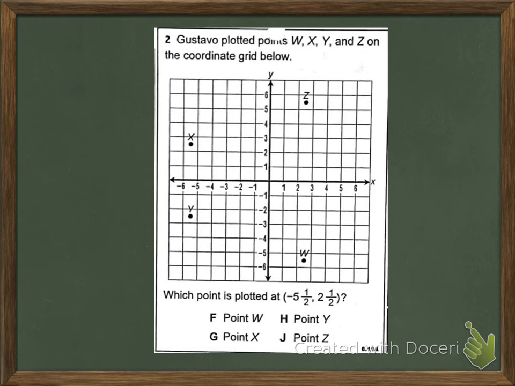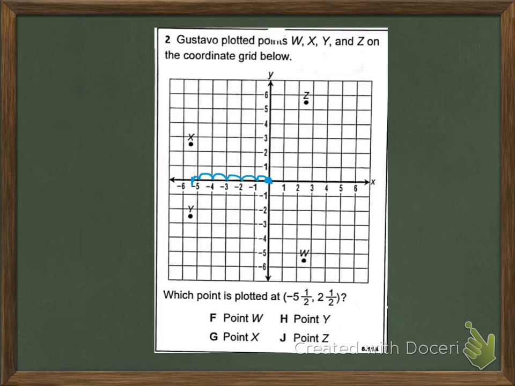Number 2. Gustavo plotted points W, X, Y, and Z on the coordinate grid below. What point is plotted at negative 5.5 and 2.5? Okay, so first we move side to side. So that side to side is this line right here. These are your positives, these are your negatives. So if it is at negative 5.5, we're going to start at 0 and we're going to go over 5.5 steps. 1, 2, 3, 4, 5, and then 1/2, right?